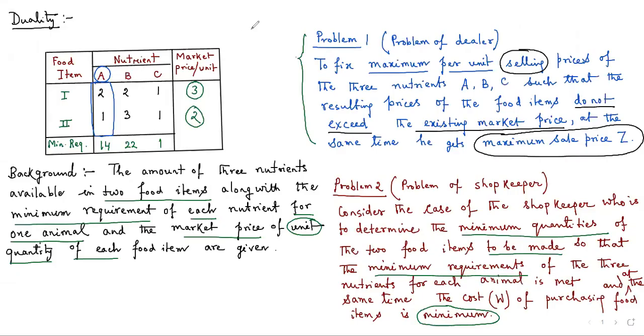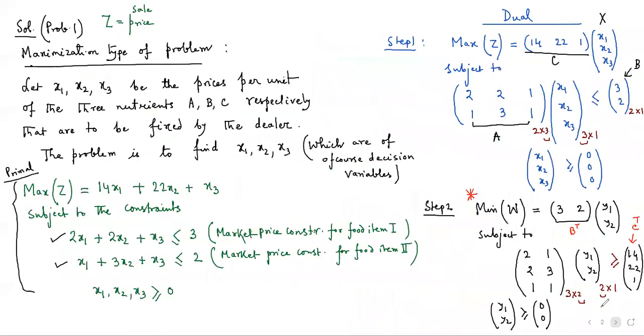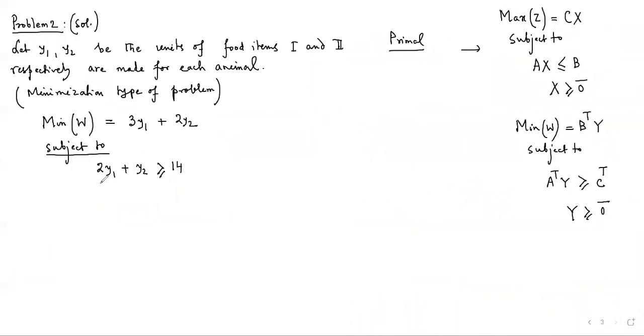For the second one, we need to consider the second column, that is, the column for nutrient B. To maintain the minimum requirement, it would be 2y1 plus 3y2 greater than or equal to 22.